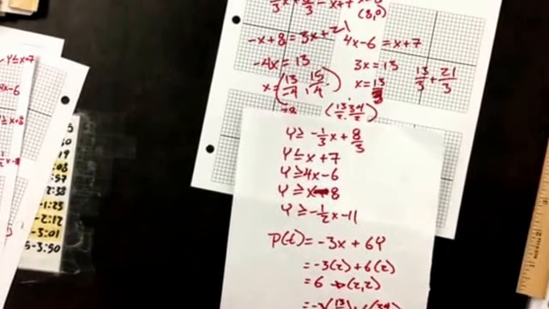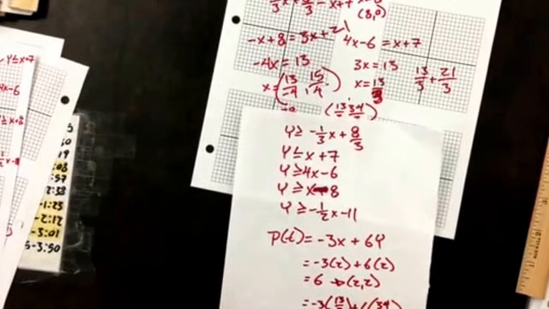So 68 minus 13 is 55, which came from (13 over 3, 34 over 3).